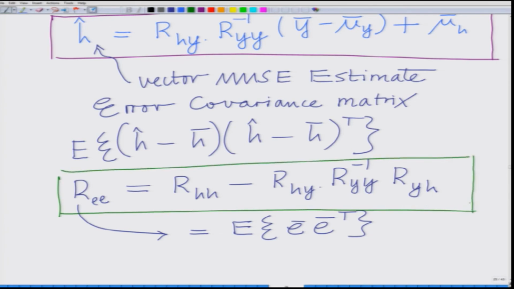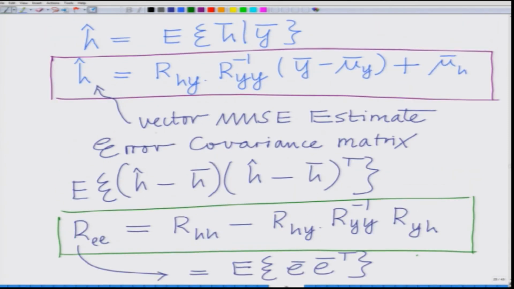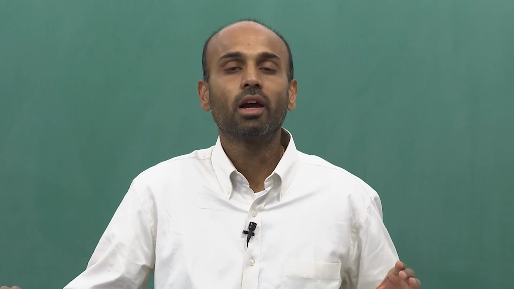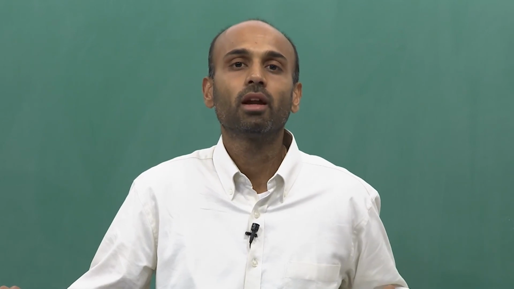That is basically your corresponding error covariance matrix for the vector scenario. This is the vector MMSE estimate, and this is the error covariance matrix for the vector scenario. We have the expressions for both of them, and we have derived them as extensions of their corresponding scalar counterparts, that is, the expressions from the scalar parameter and observation scenario.